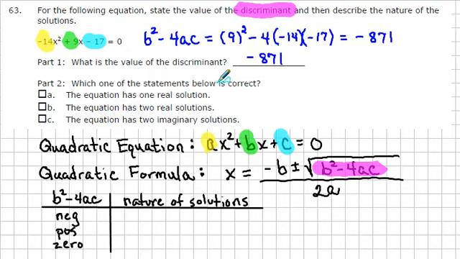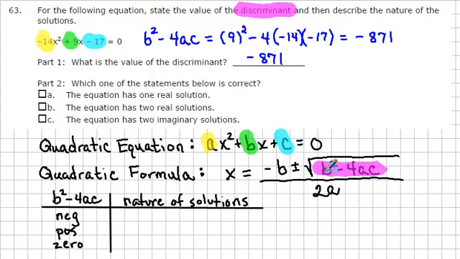Well, what does the discriminant tell us about the nature of the solutions? Well, the solutions are given by the quadratic formula, so let's think about what happens when the discriminant is negative, positive, and 0. If the discriminant is negative, then we would need to take the square root of a negative number, and the square root of a negative is not real.